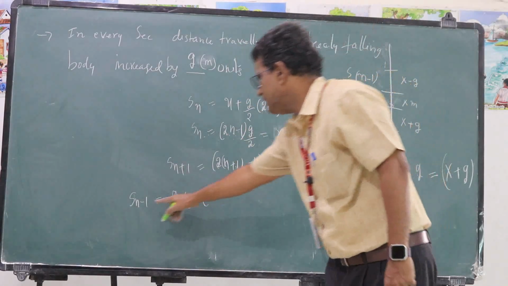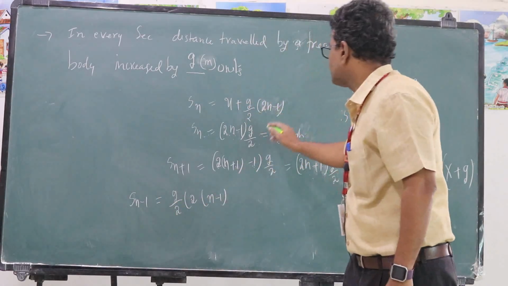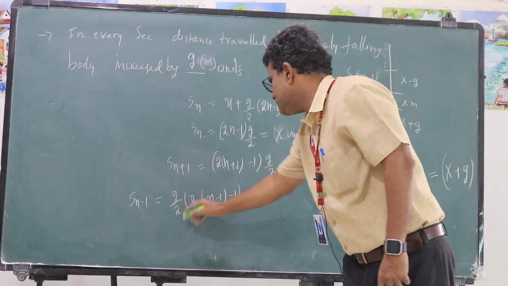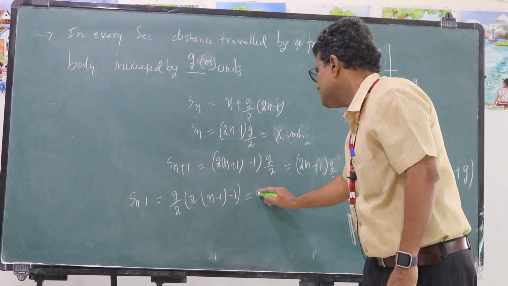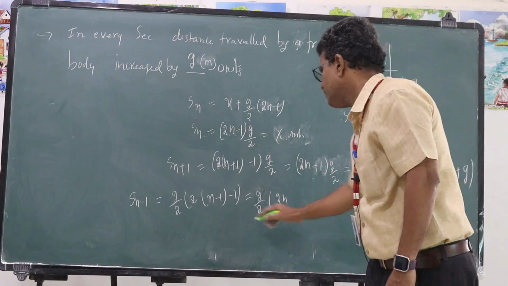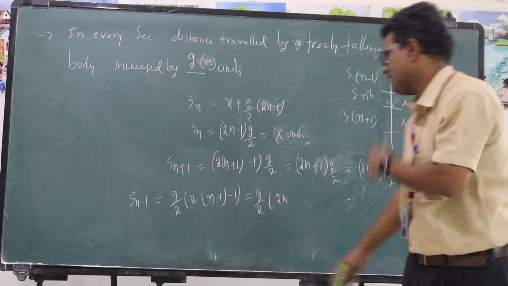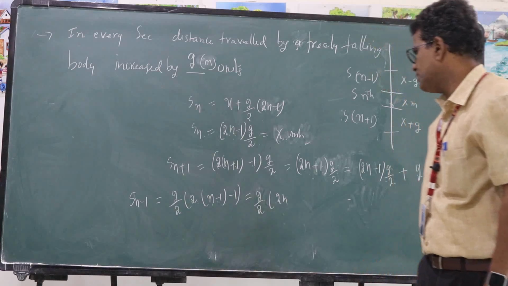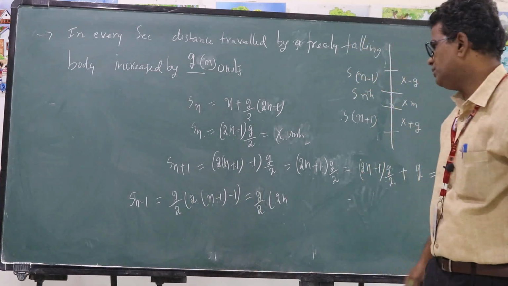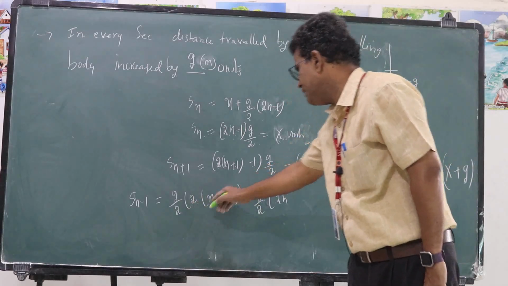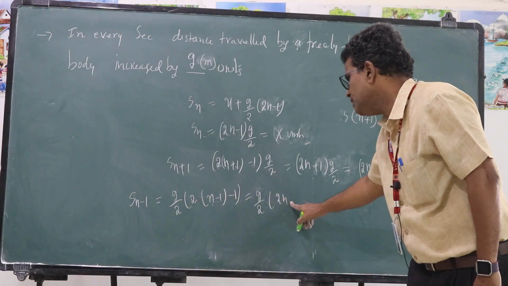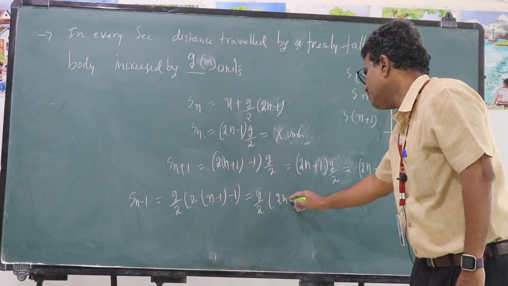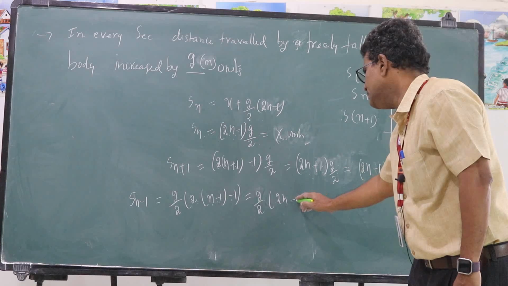Instead of n, you write n minus 1 in g by 2 into 2n minus 1, so it is g by 2 into 2 into n minus 1 minus 1, which is 2n minus 2 minus 1, that is 2n minus 3.